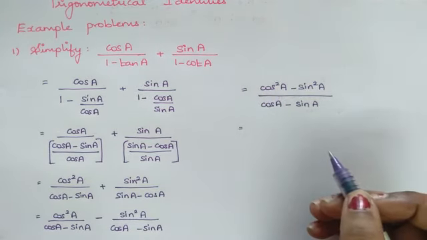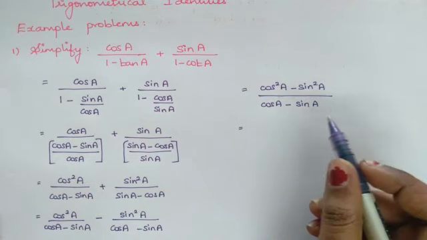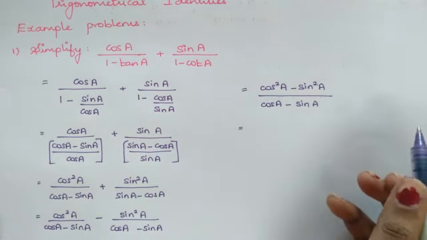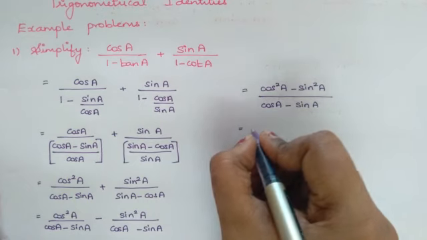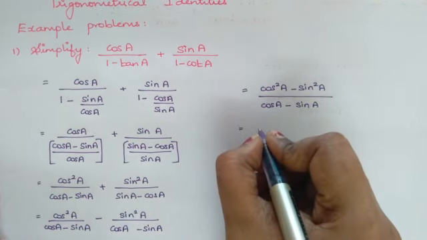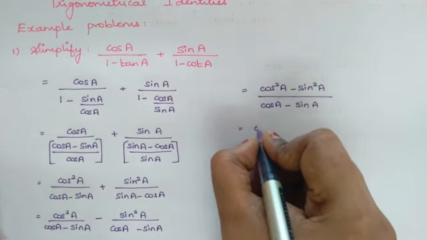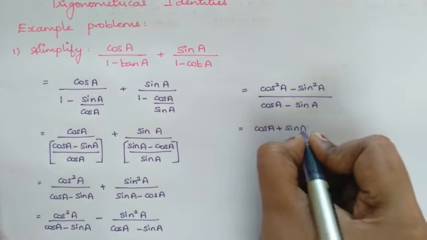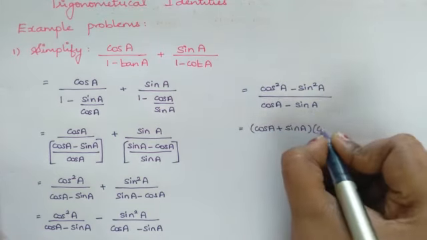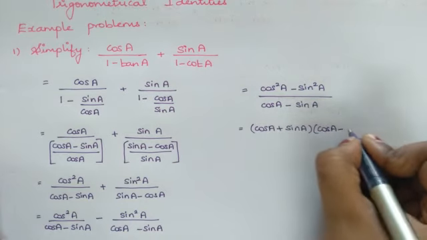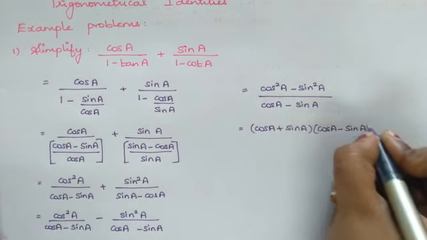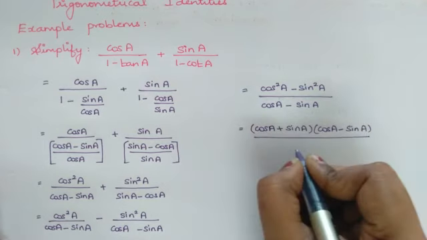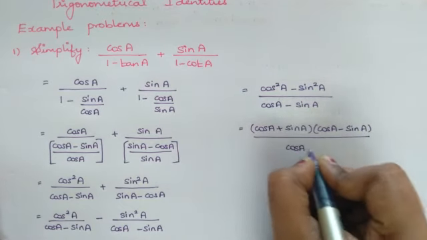If we have that, what can be done, children? We can write it as A plus B into A minus B, right? Same work we are going to do here. Let's write cos square A minus sin square A as cos A plus sin A into cos A minus sin A. This is by using the algebraic identity, so that it will be easy for us to solve.